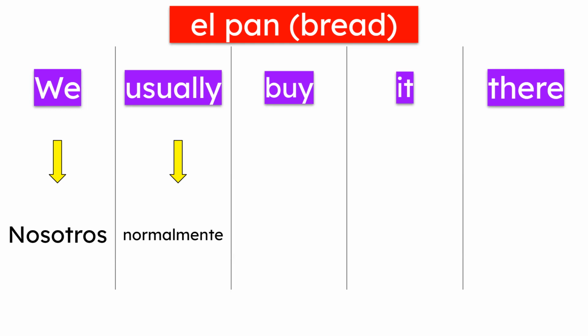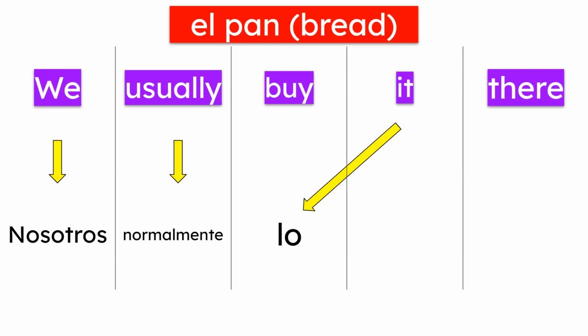So, nosotros normalmente. To buy in Spanish is comprar. So, how do we conjugate comprar with nosotros? Did I hear compramos? Perfect. That's right. Nosotros, no, not so fast. Remember, first, it, right? The object receiving the action. And in this case, we use lo because of bread, because el pan is masculine.